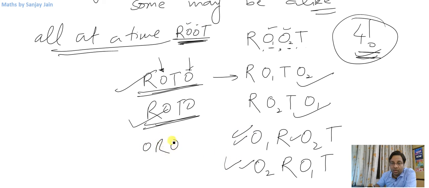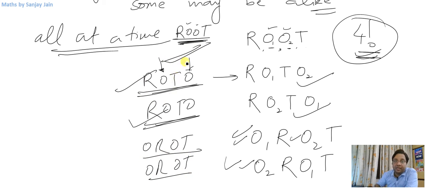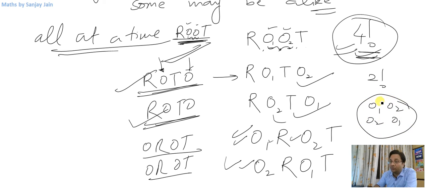These are OROT OROT in this case, root. So what is happening is, I am over counting these arrangements when I simply say 4 factorial. And by what factor I am over counting it? The factor in which these two can be arranged among themselves. So O1 and O2 can be arranged in 2 factorial ways. O1 O2, O2 O1, right? So this is the over counting that is happening.